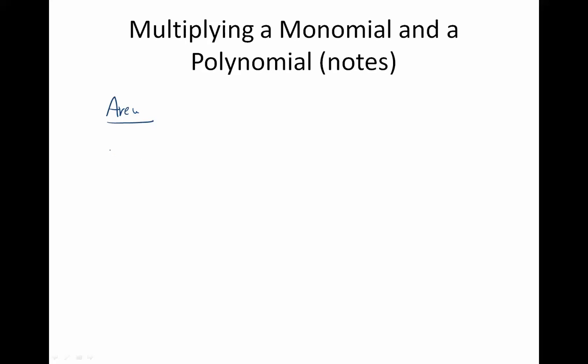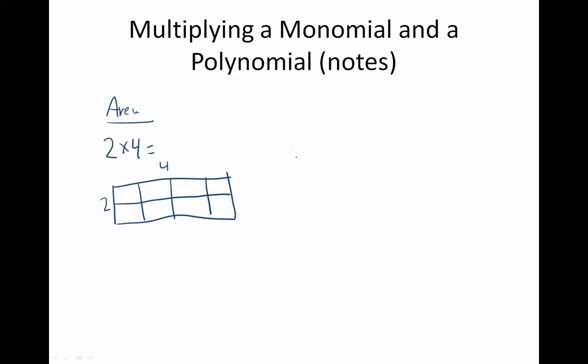What I mean by that is when we do 2 times 4, what we're really doing when we think about it in terms of an area is that we are creating a rectangle. So if this side was 2 and this side was 4, we have a 2 by 4 setup. When we think of multiplication as an area, this is 2 times 4. There are 8 squares that makes.